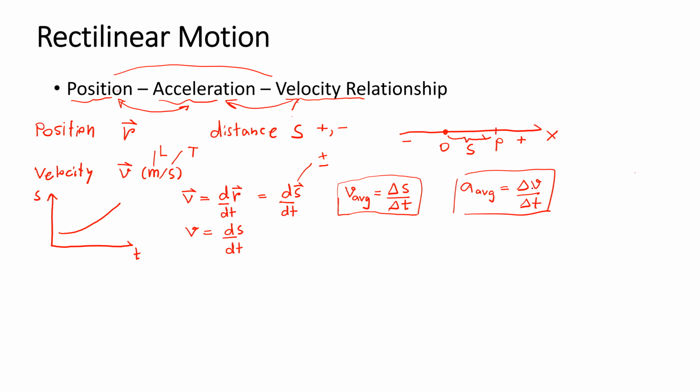So let's see. For example, if the position is plotted against time, with the position in meters and the time measured in seconds, the slope at any point will be the speed.